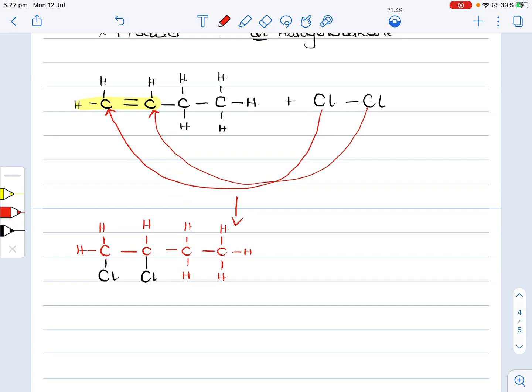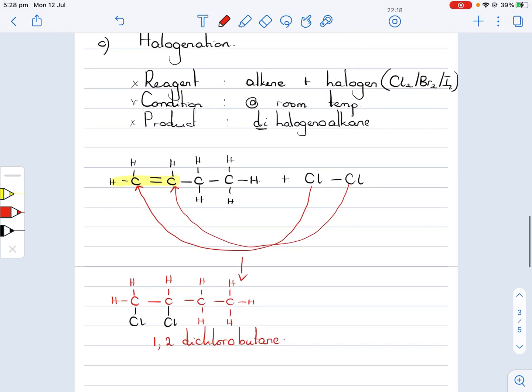I'm going to include the name of this final product. But again, the emphasis of naming such compounds, I'm going to touch on it under isomerism. So this is called 1,2-dichlorobutane, because there are two chlorines within the molecule, on carbon number 1 and carbon number 2. So don't worry yourself yet about the name.